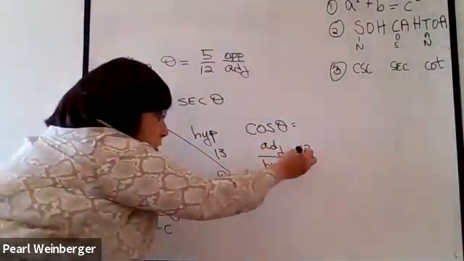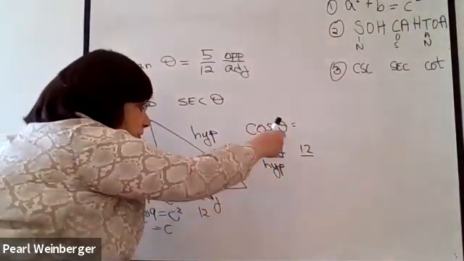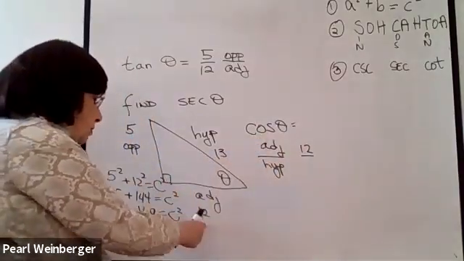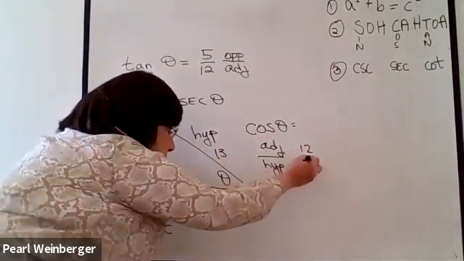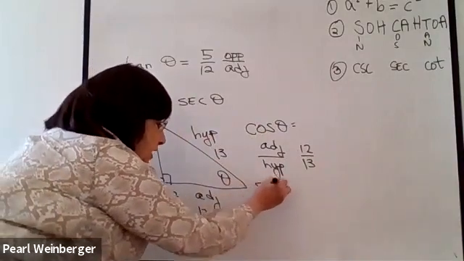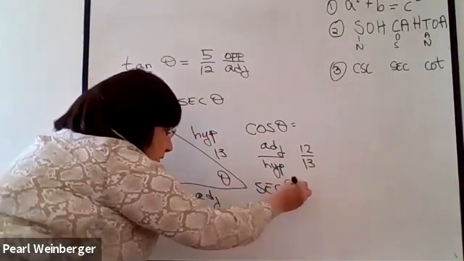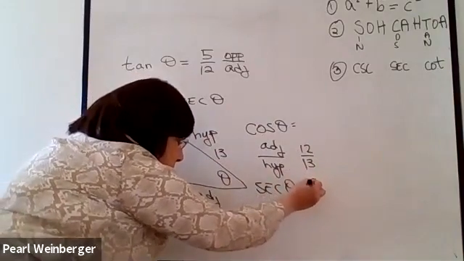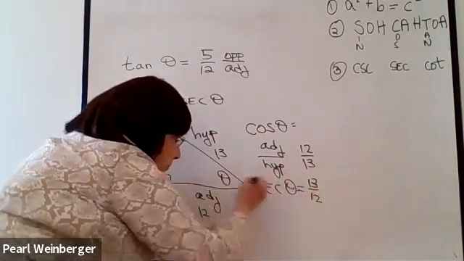So therefore, the cosine of theta is adjacent 12 over 13, which means that the secant of theta is 13 over 12.